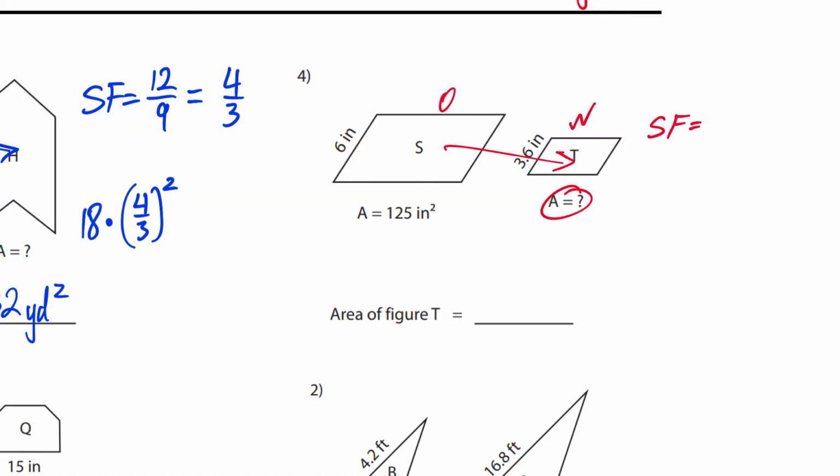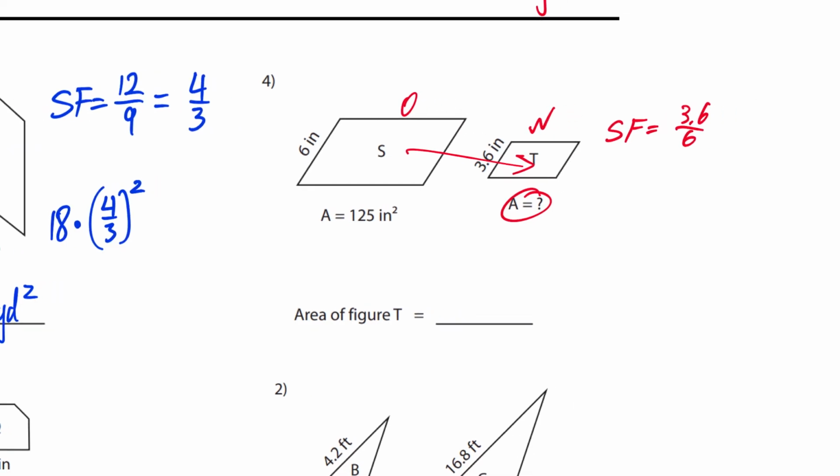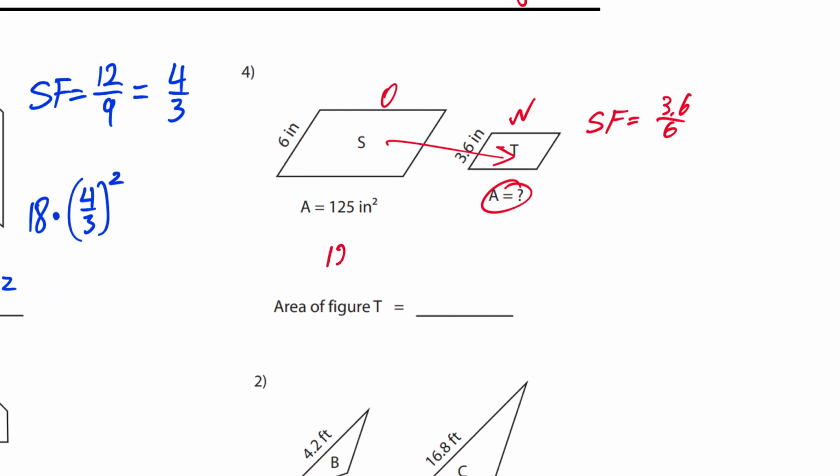So the scale factor is going to be 3.6 over 6. So I'm going to take the area of the original times the scale factor squared. 45. 45? Okay.